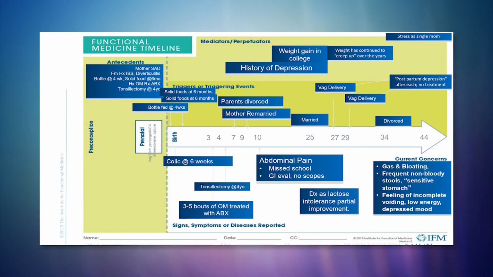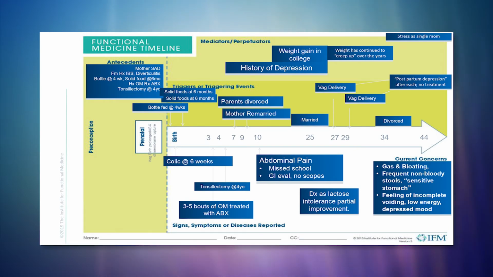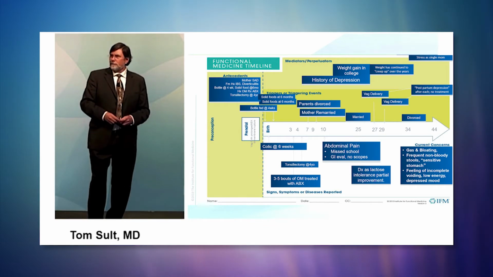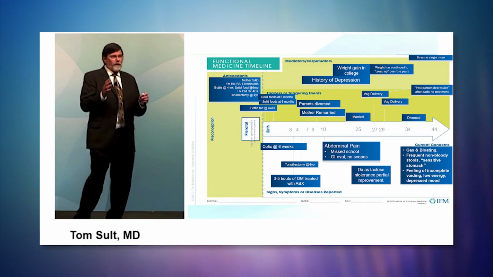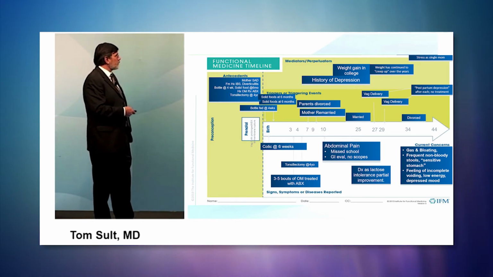You had this GI evaluation, and they told you at some point that it looked like you had lactose intolerance. And as you understand, lactose is the sugar in milk, but removing that lactose should have been a cure, and it wasn't. So I think there's more going on here than just lactose intolerance.